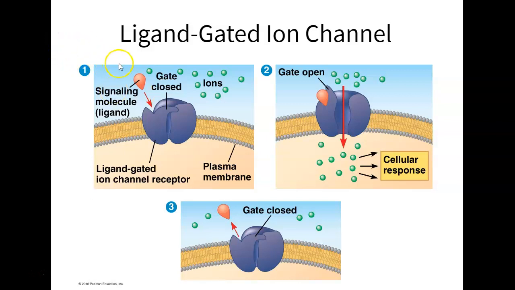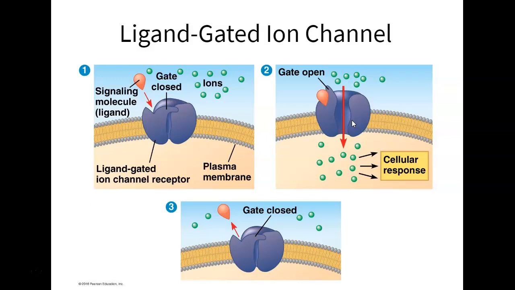So normally what happens is the channel is closed and there's something called a ligand-gated ion channel receptor. So it's still a receptor, you still have a ligand binding to it, it's just normally closed. And this is usually embedded in the membrane. So when the ligand binds to it, it causes a conformational change and that gate opens. And when that gate opens, a whole bunch of ions can either go in or go out.